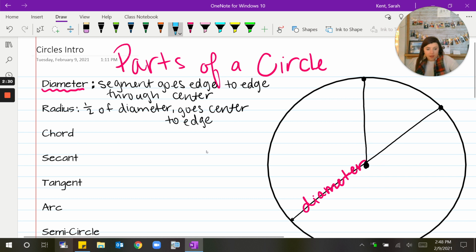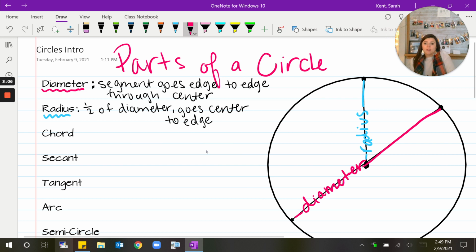Let's see if I can. There you go, you can kind of read that. Our radius is center to edge. Ooh, that's not a straight line there. There we go. I'm going to add some color, see if that helps. Okay.